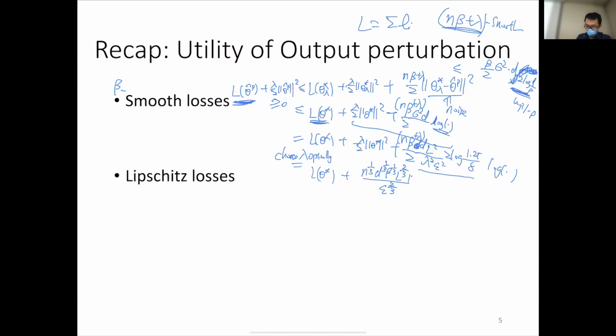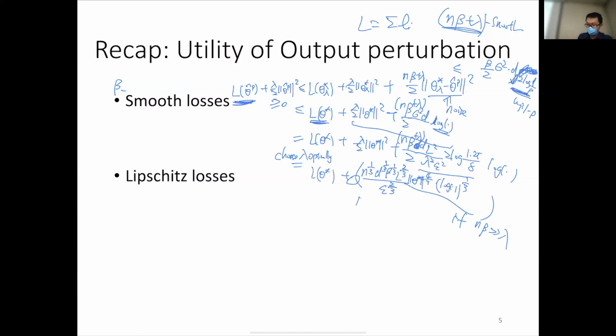And in addition, we will have the optimal solution theta star's norm to the 4/3, plus these additional log factors to the 1/3. That's the term if n beta is larger than lambda.